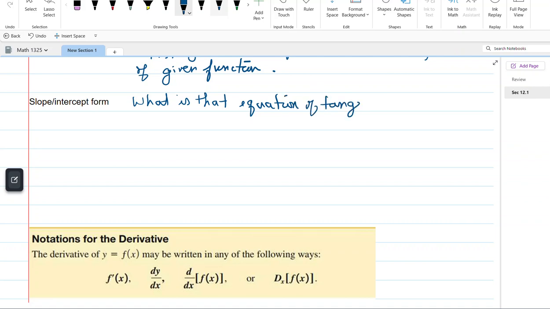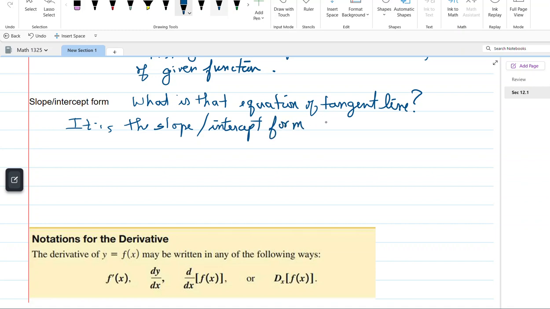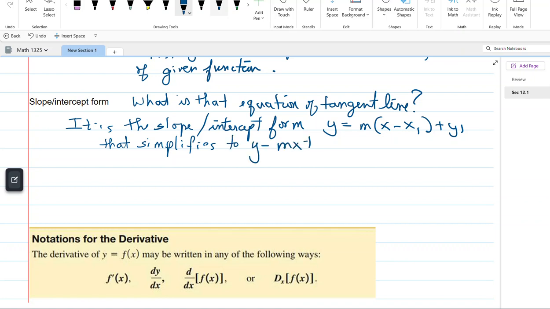The tangent line is in slope-intercept form: y equals m times (x minus x sub 1) plus y sub 1. That simplifies to y equals mx plus b.